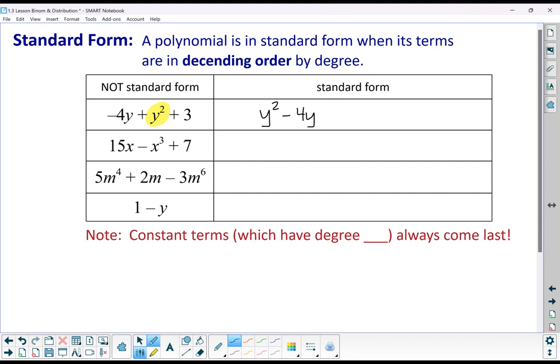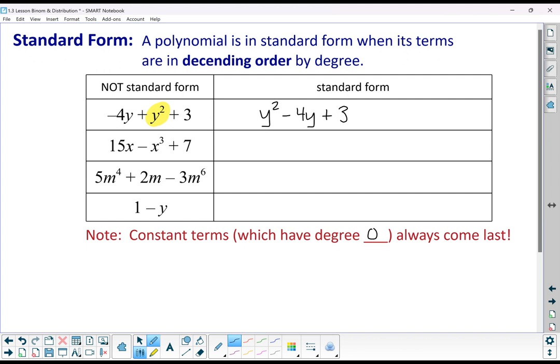And then any constant term, which has a degree of 0, which has 0 variables, always comes last. So standard form for this first polynomial is y squared minus 4y plus 3.